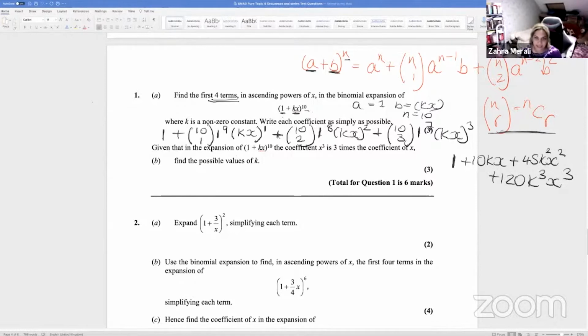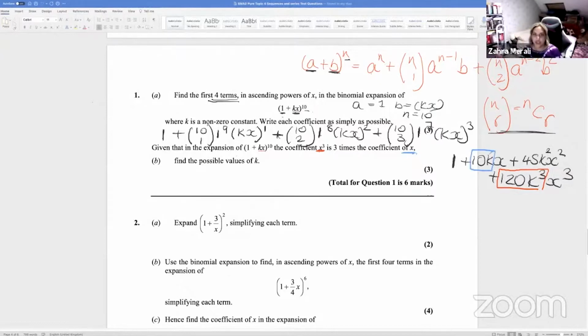Then it says, given that the coefficient, now remember coefficient means the bit in front of, so the coefficient of x cubed is this bit here, and the coefficient of x is the bit in front of x, which is this bit here.